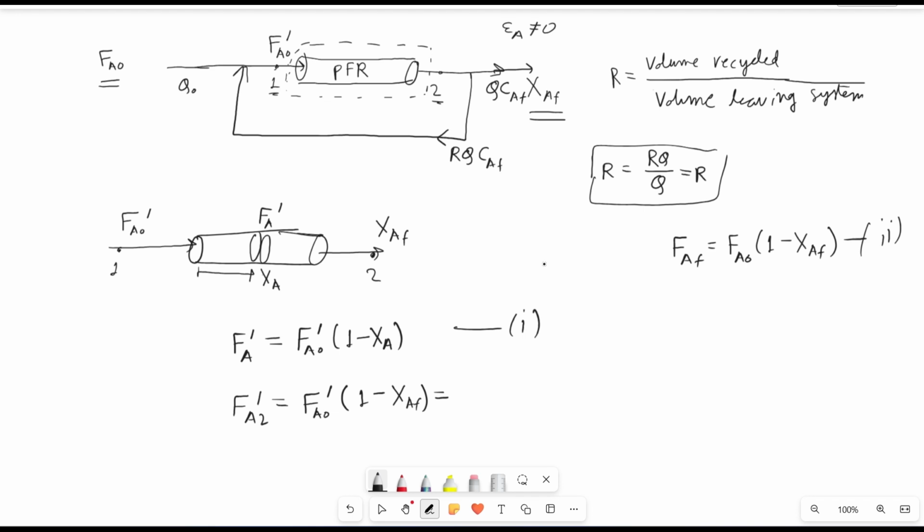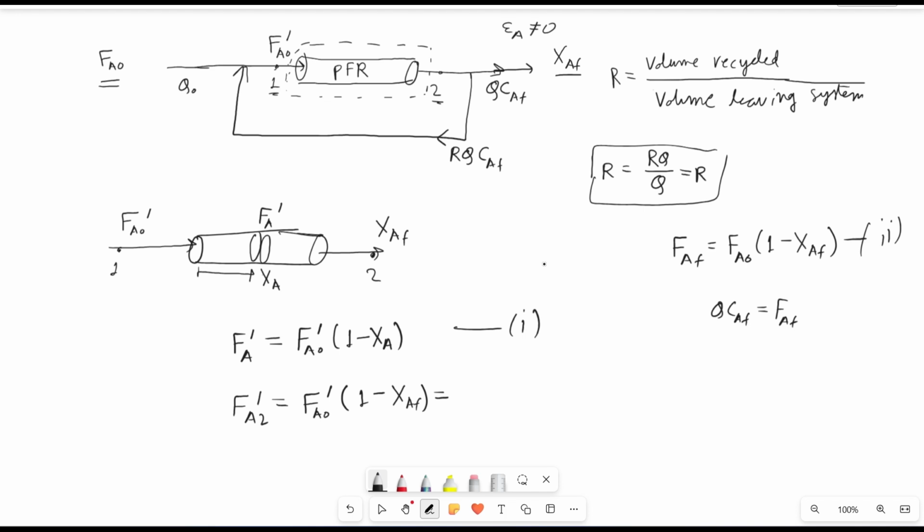Remember, this is a splitting of a stream, so the composition will be the same. So Q CAF is nothing but FAF, the volumetric flow rate times the final concentration of A, which is the concentration leaving the system.